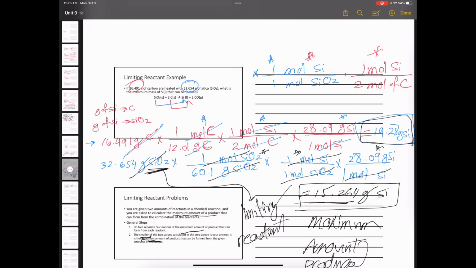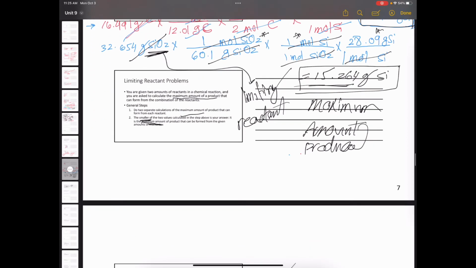Carbon, on the other hand, is considered the material in excess because some of that material remained at the end without reacting completely. Okay, so carbon is in excess, silicon oxide is the limiting reactant. Same here, same idea. We'd like to find out which one is the limiting reagent and the other material will be the material in excess.